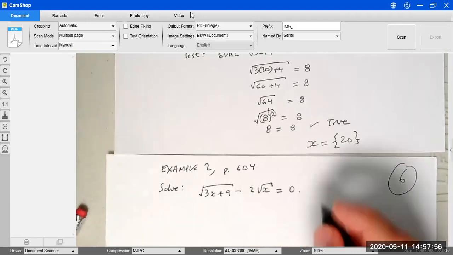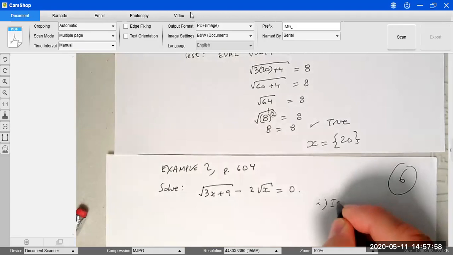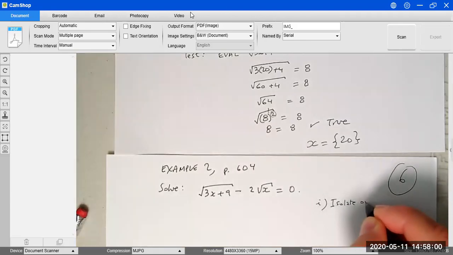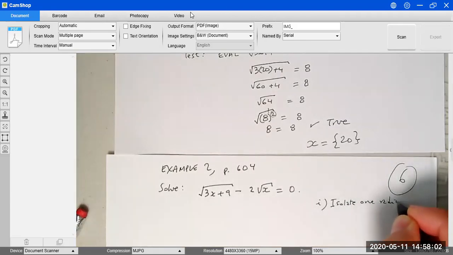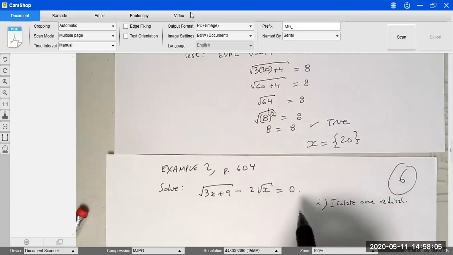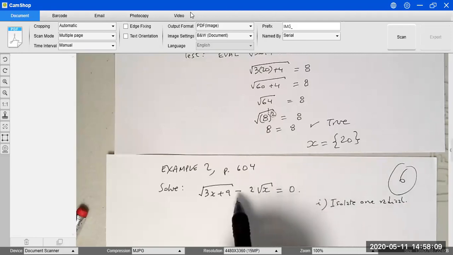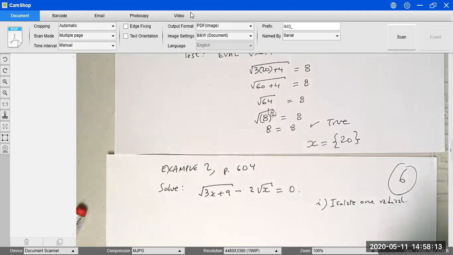So the first step, we need to isolate one radical. We have two radicals we can choose. In this case, there is no problem because once you isolate one radical, you are actually isolating the other radical too.